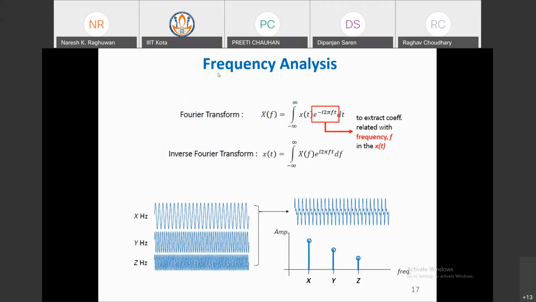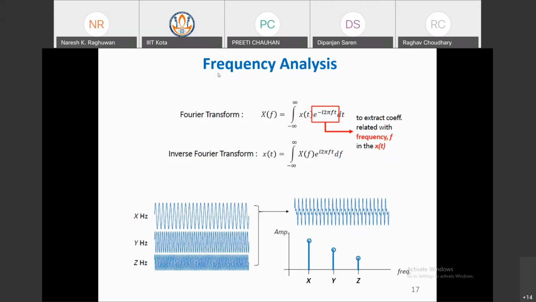But if you are capturing the vibration from the actual machinery, it may not be related to the Fourier series, but you can approximately say that it follows the Fourier series analysis. Whatever signal you have, some displacement signal, by this integration formula you can convert it into the frequency domain.